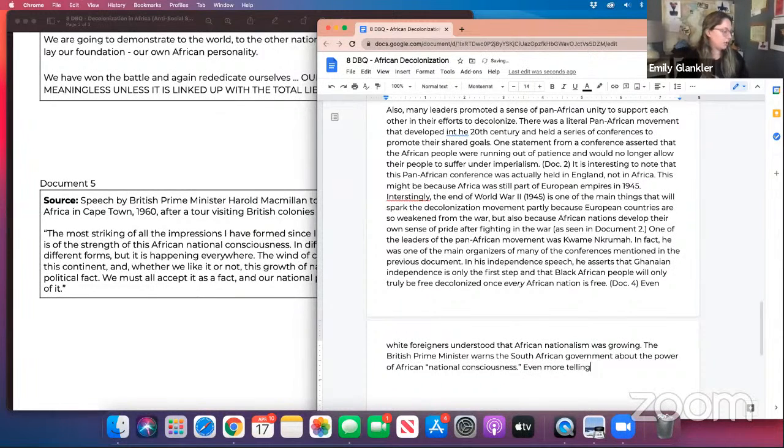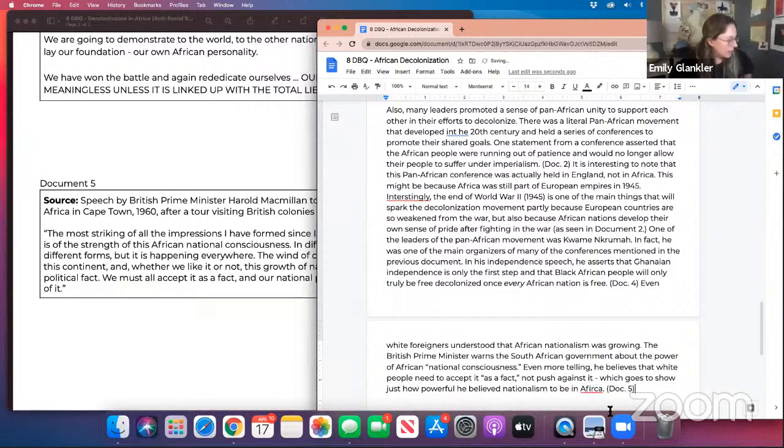Even more telling, he believes that white people need to accept it as a fact, not push against it, which goes to show just how powerful he believed nationalism to be in Africa.